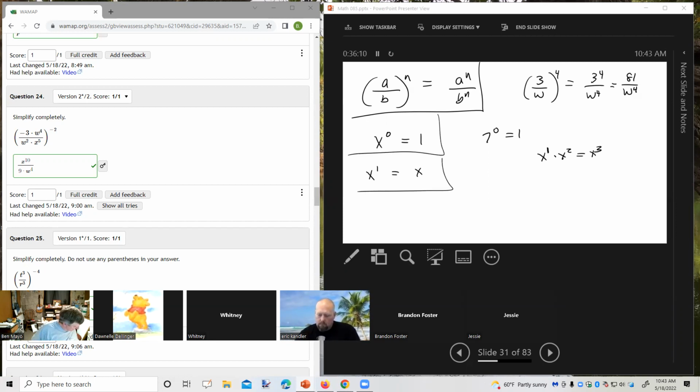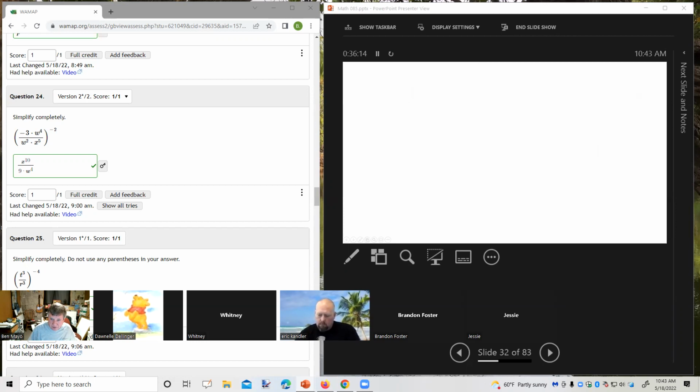And then we've got the situation where we're dealing with negative exponents. If I have a base to a negative power, that's 1 over the base to the opposite of the exponent. So the sign changes. For example, 7 to the negative 2 power is 1 over 7 to the positive 2 power, which is 1 over 49.